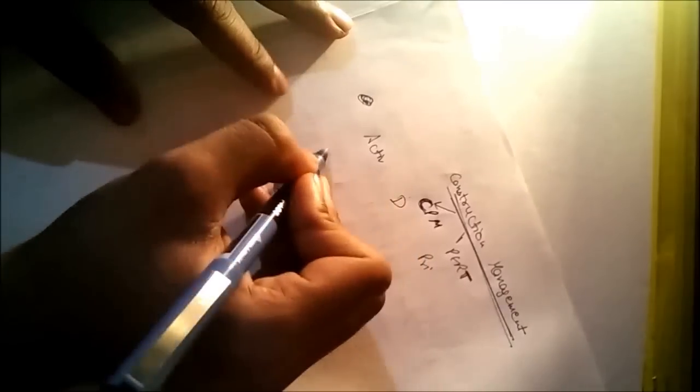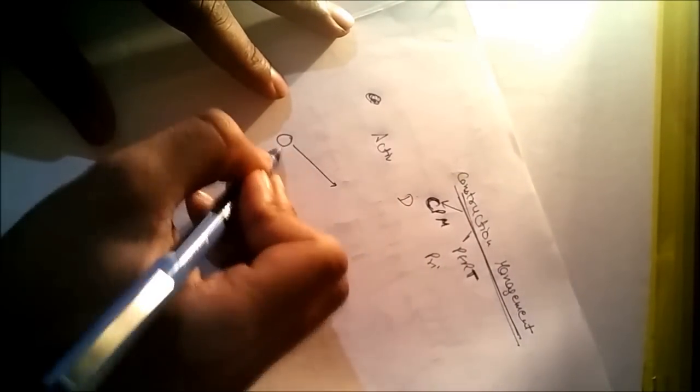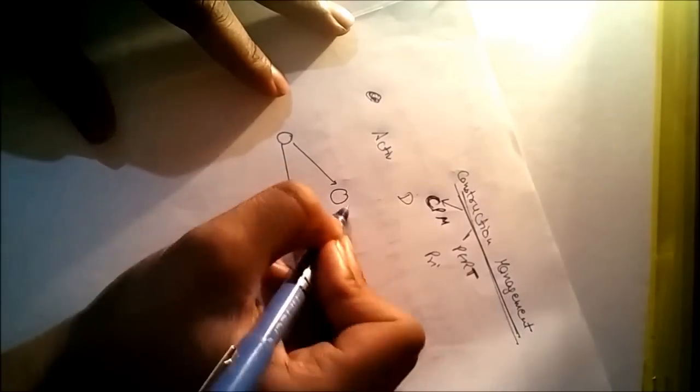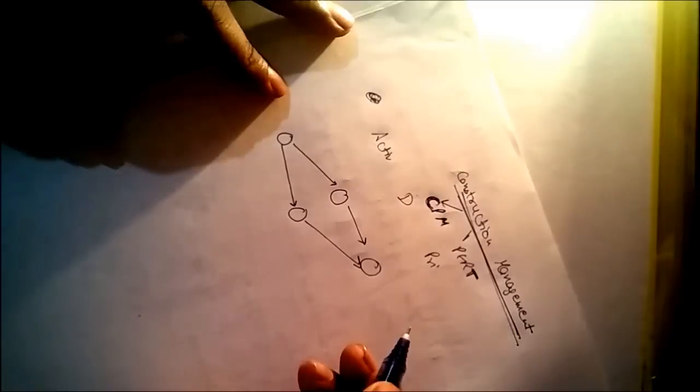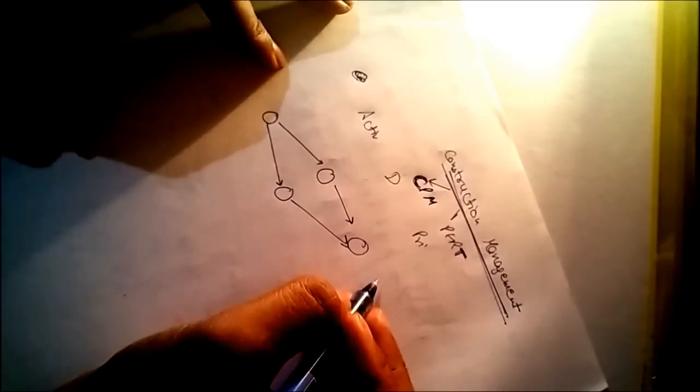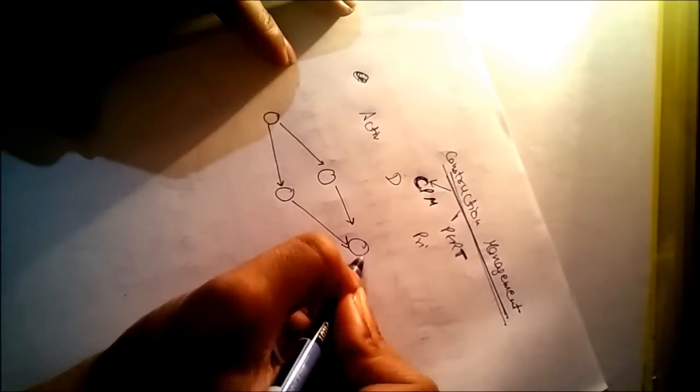For example, we are given activities, durations and their predecessors. We can make this diagram easily, whichever you want to choose, activity on the nodes or activity on the arrows.